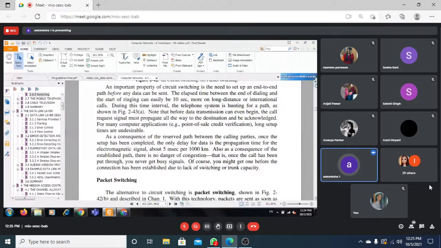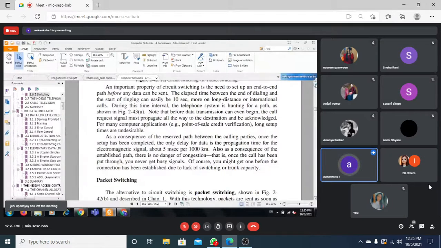You are verifying someone's credit card information and you want to sell some product. If you are setting up a circuit switch call between the sender and the receiver, that is the person who is selling the product and the customer who is buying the product.